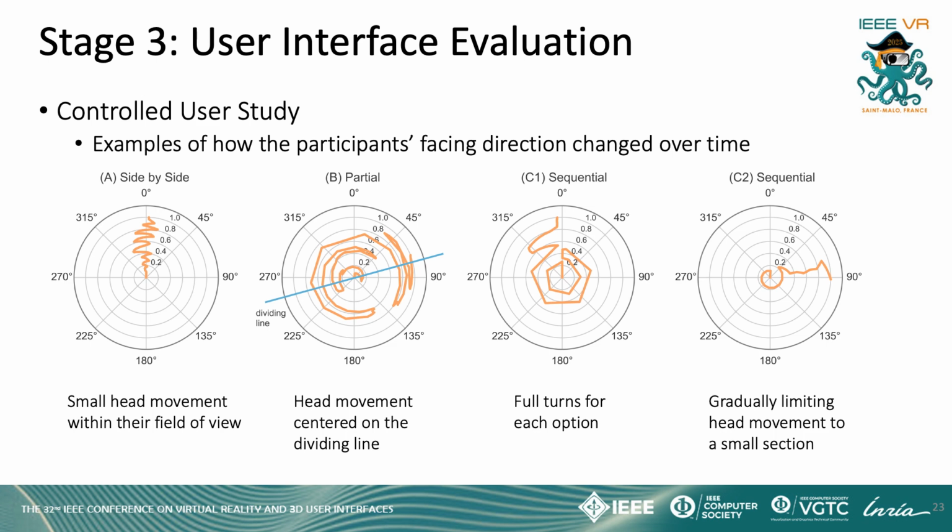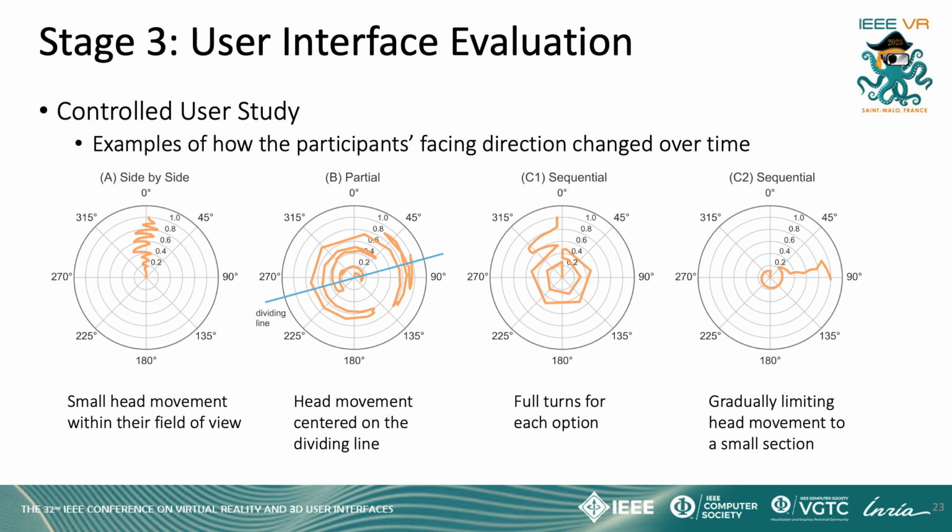Here, we show some examples of how the participants' facing direction changed over time. For side-by-side, users' head movement was small and within their field of view. For partial, users moved their head centering on the dividing line.